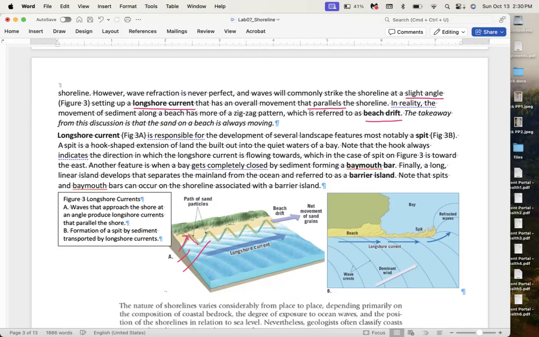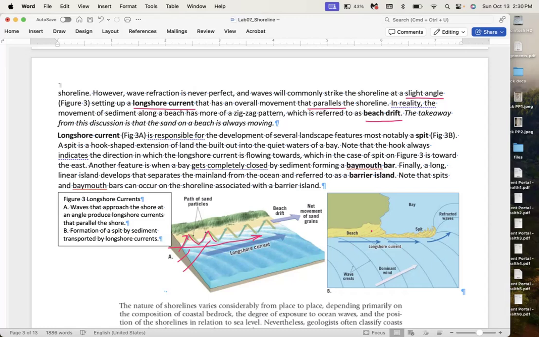Then the next wave that comes up pushes it up in this direction and then back. And so it has this zigzag pattern. But overall, the net movement is in this direction. And so it's transferring sand all along the beach.